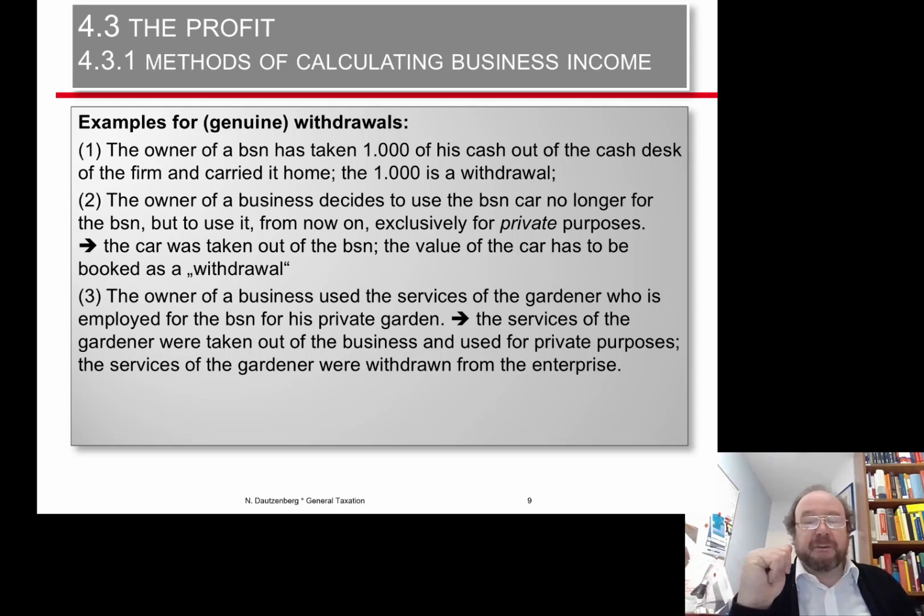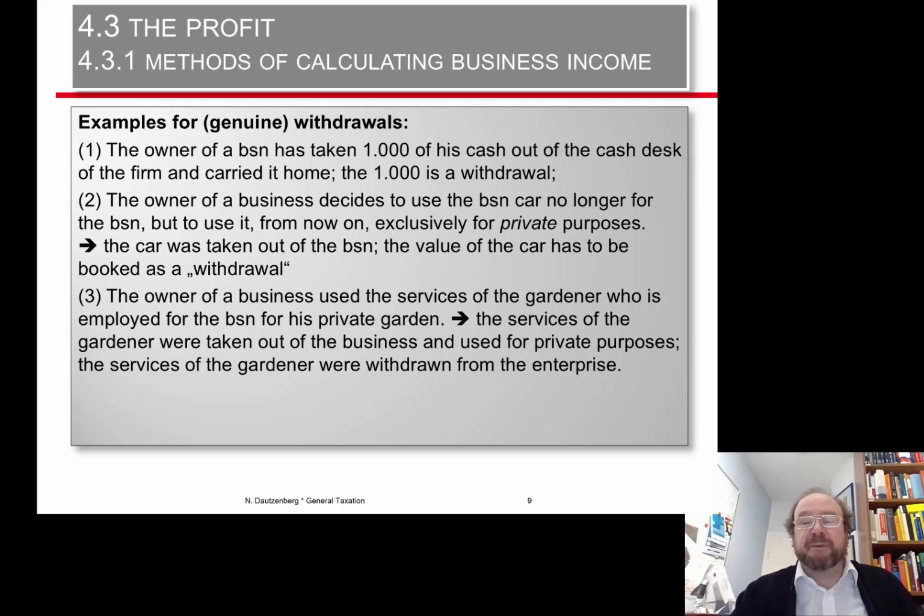It might also happen that you have a business car, which you decide you are not going to use anymore for business purposes. I turn it into a private car. Then you remove the car from the enterprise. So the property in the enterprise goes down, but not because there was a bad performance, only because you choose to take out a part of the property from the enterprise.